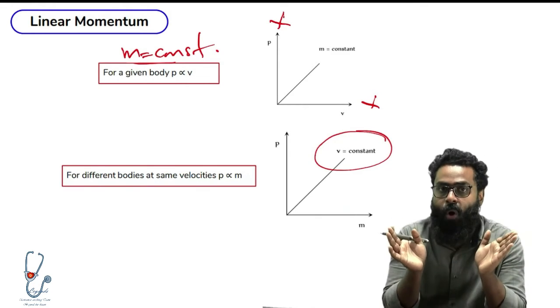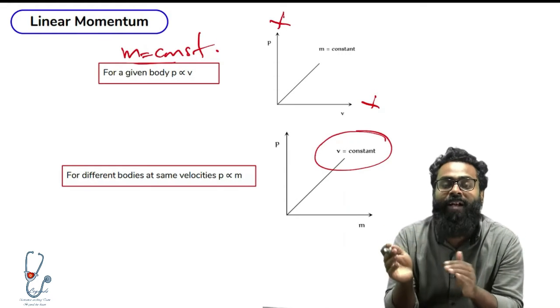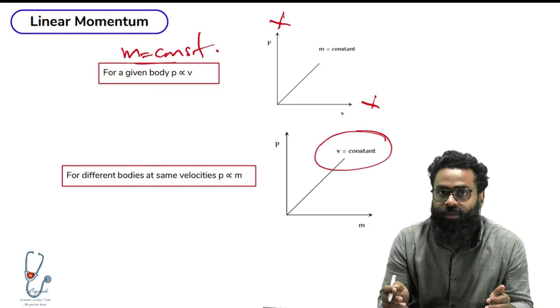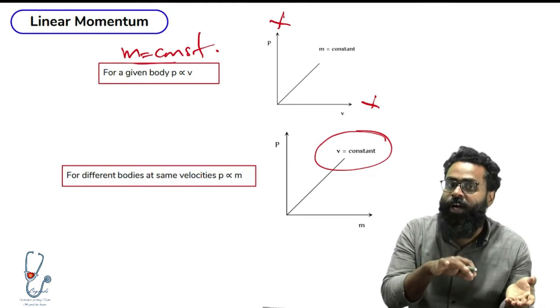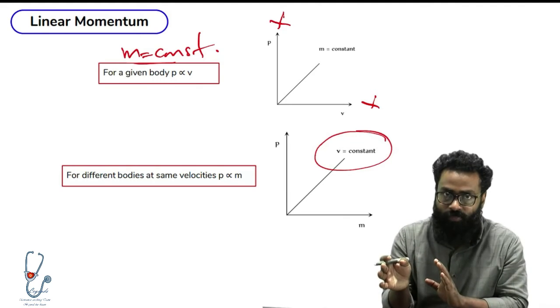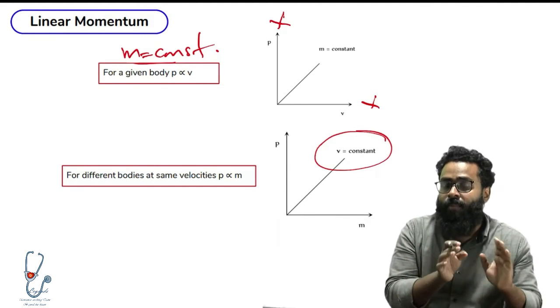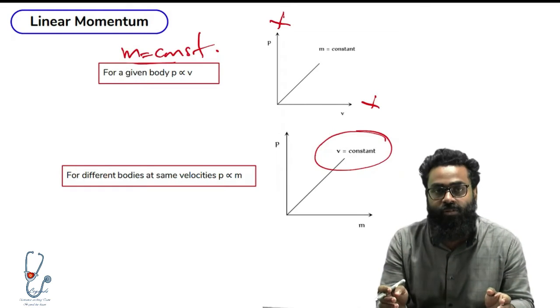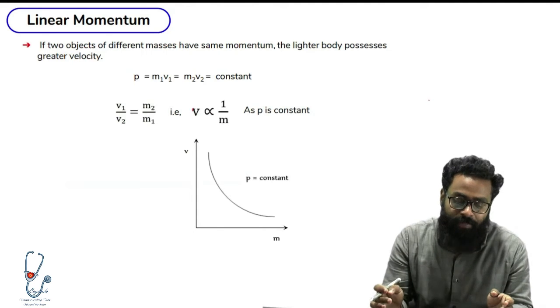There will also be a straight line graph between momentum and mass. V is constant for different bodies, and then P is proportional to m. That means momentum is proportional to mass. Clear that?